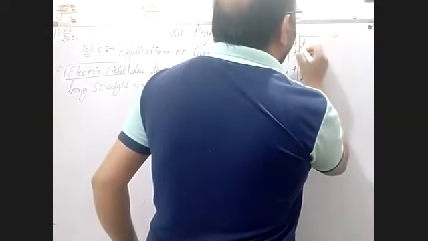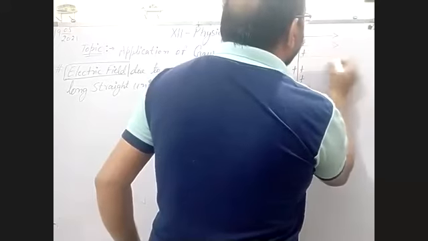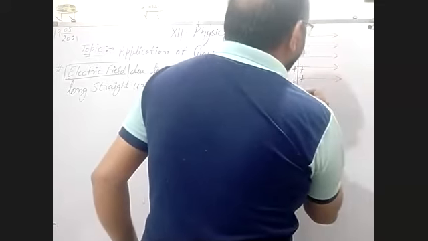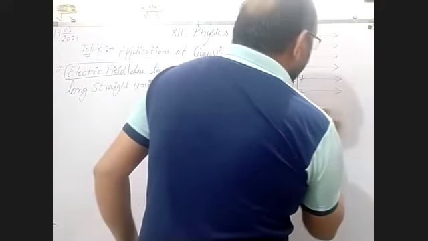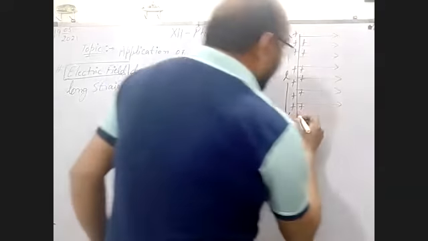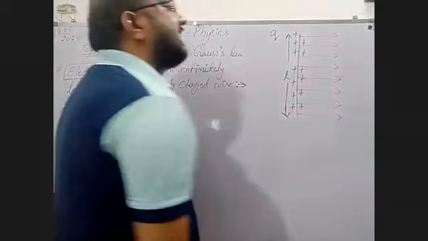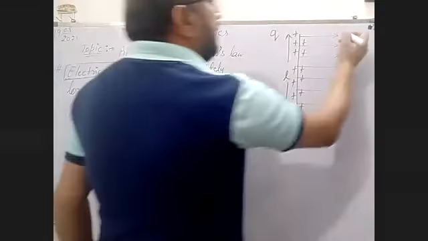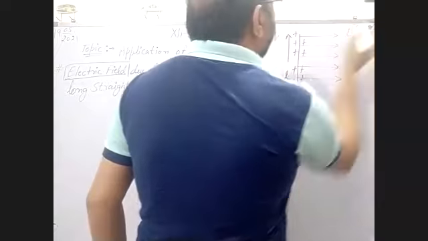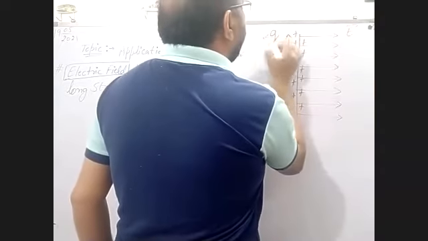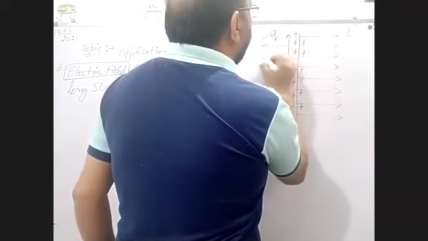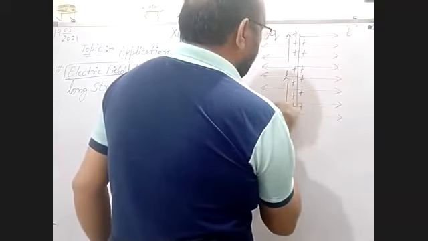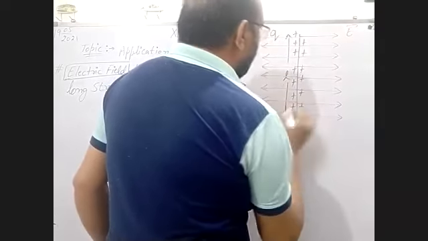But this board is 2D, two-dimensional, so we can't show these electric field lines in all directions, but you have to keep in mind all these lines are in all directions. Okay, this is the electric field, and in this way you can also take it on the other side. Any doubt, any problem in this?